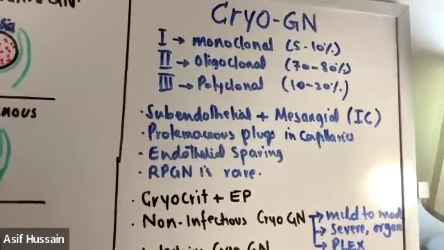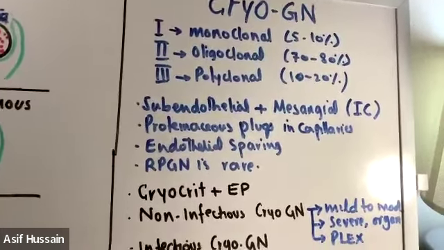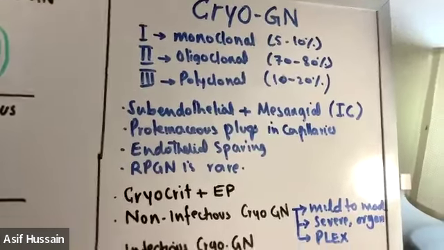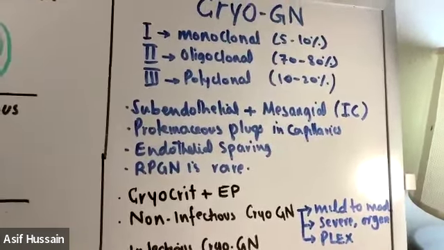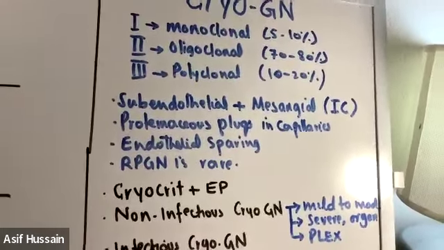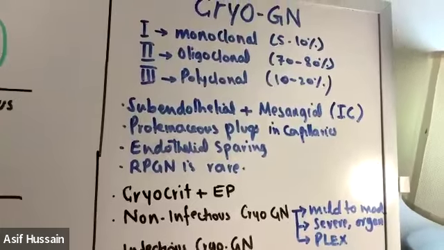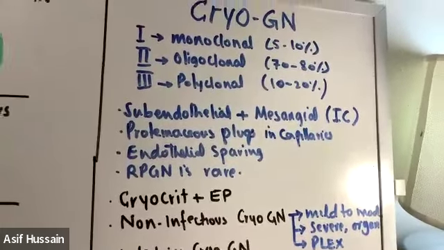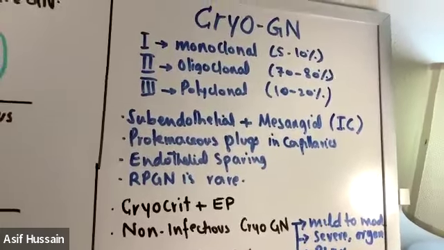It's not endothelial proliferation. It mainly focuses on the mesangium. It mainly causes mesangial proliferation. It rarely involves the endothelium or the Bowman's epithelial cells. So endothelial proliferation is rare, and crescent formation is also rare in cryoglobulinemic GN. So these two findings also help to differentiate cryoglobulinemia from other types of GN.